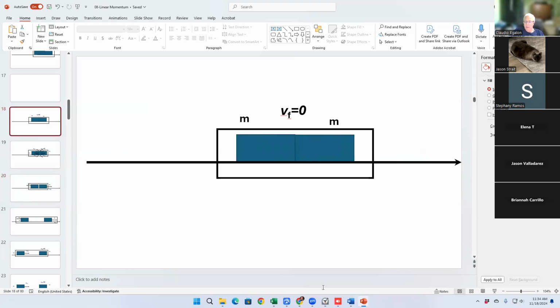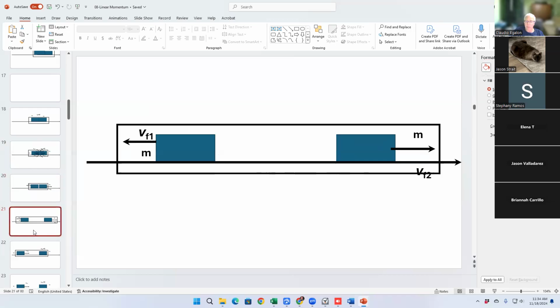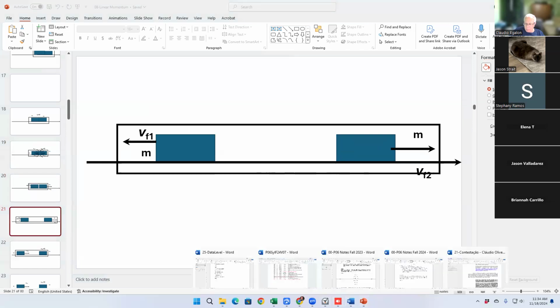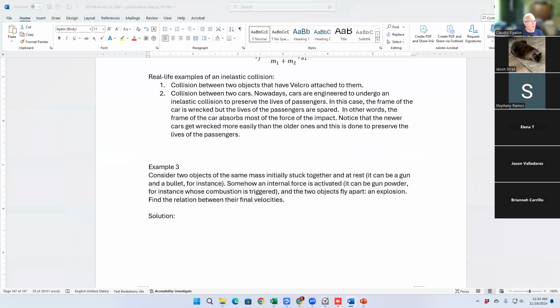This is initial momentum, and this one here is going to be my final momentum. Momentum is conserved. Net force throughout the whole process is 0. Consequently, momentum must be conserved.